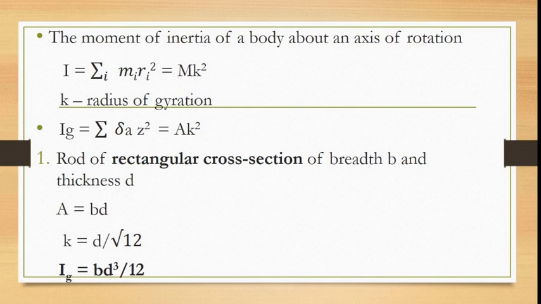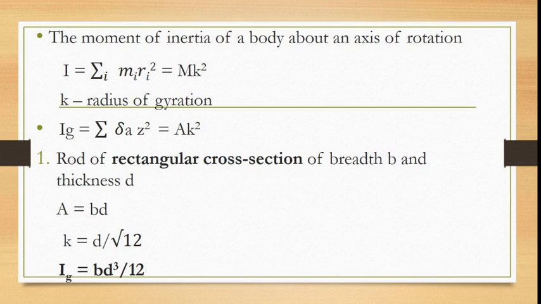And we had already seen the geometrical moment of inertia, that is Ig, which is equal to sigma delta A into z square. We know that z is the distance of the area delta A from the axis. So we can substitute sigma delta A as the summation of area, which is capital A itself, and z square as k square, where k is the radius of gyration. So Ig can be written as A into k square.